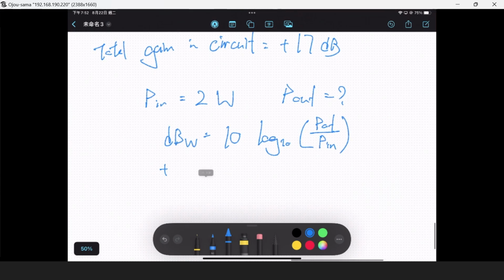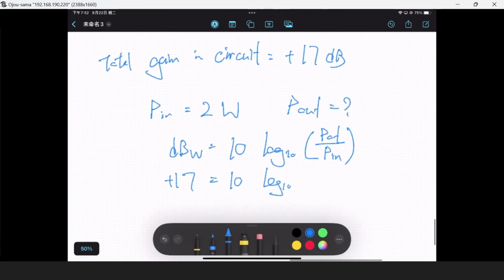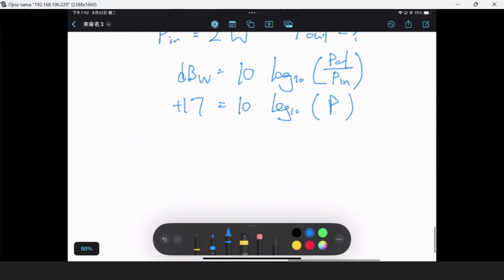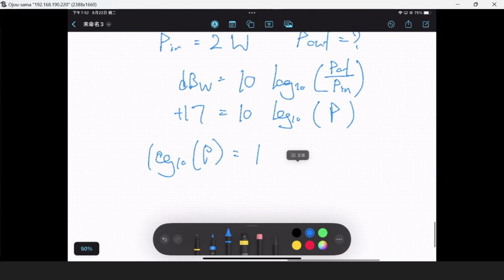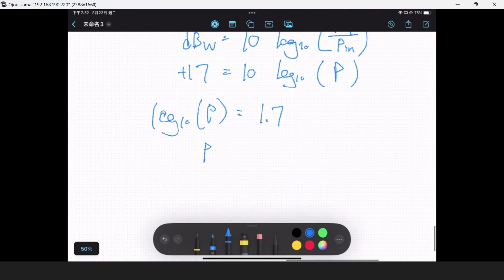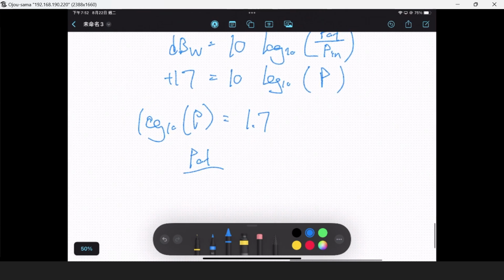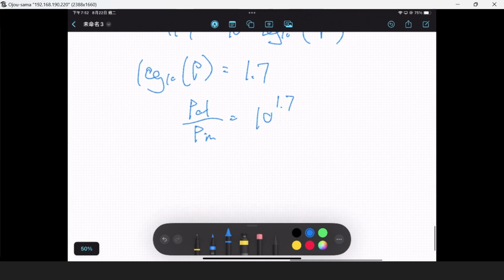So you know that plus 17 equals 10 log base 10 of P out over P in. So log of P out over P in equals 1.7, so P out over P in will be 10 to the power 1.7. We know that P in is 2, right? So P out is just 2 times 10 to the power 1.7, and you'll get the answer.